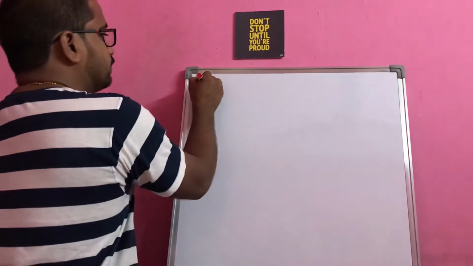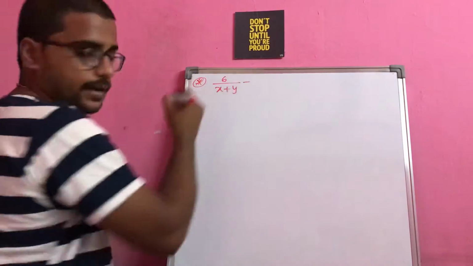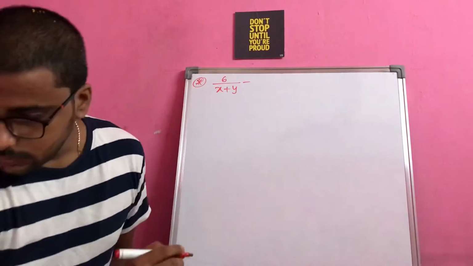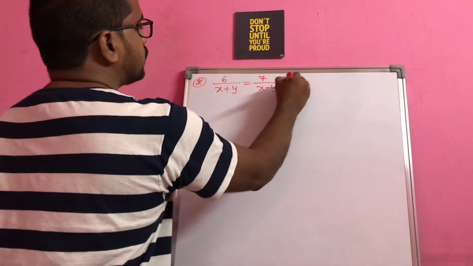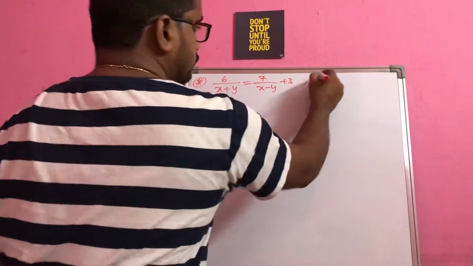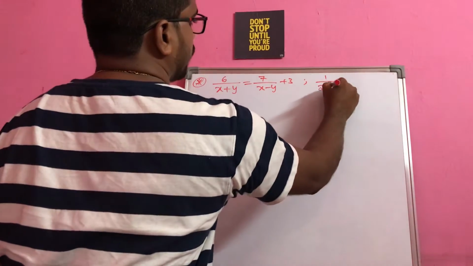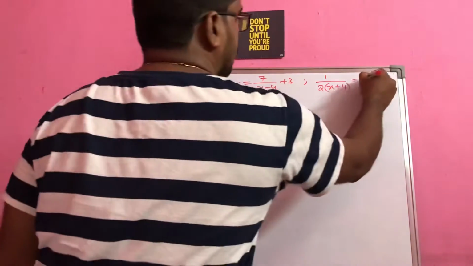Solve for x and y. 6 divided by x plus y minus is equal to 7 divided by x minus y plus 3. This is the first equation. And the second equation, 1 by 2 of x plus y is equal to 1 by 3 of x minus y.